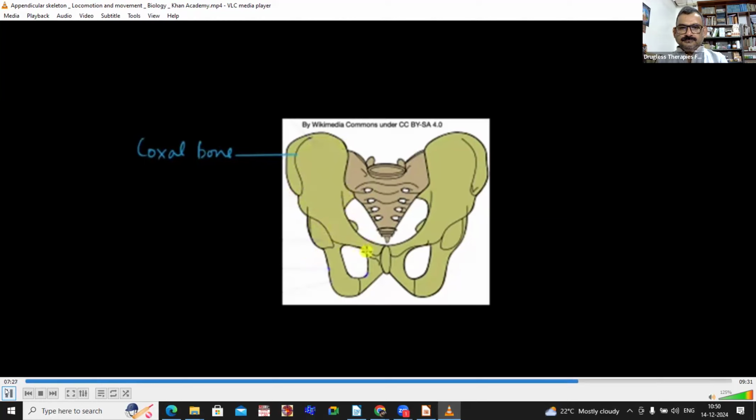This part here is called the ilium. Then this part here, the second part, is the ischium. And the smallest one right here at the end is the pubis.